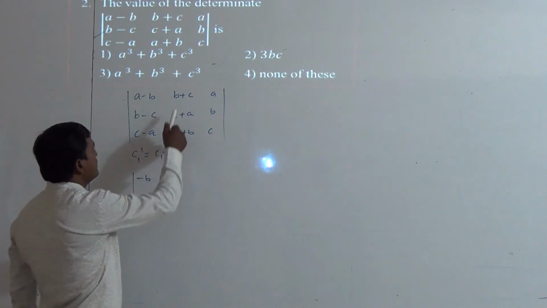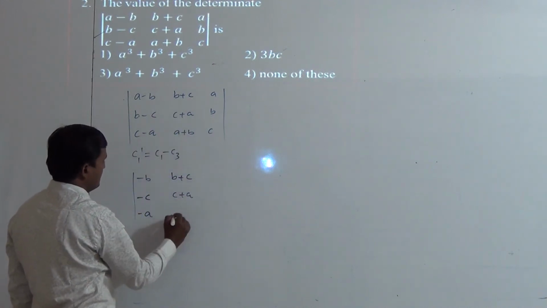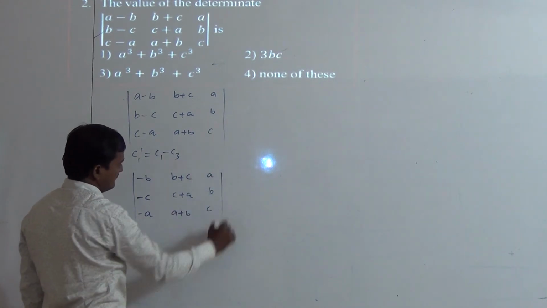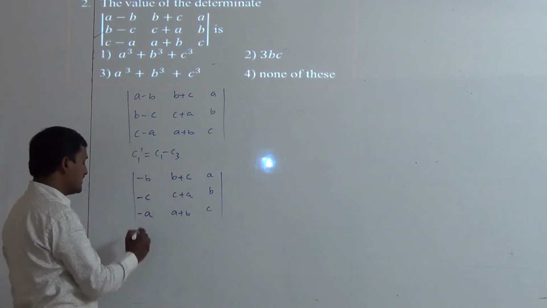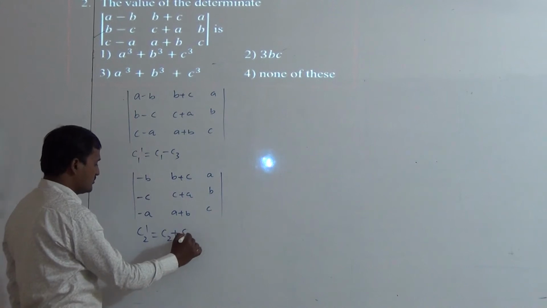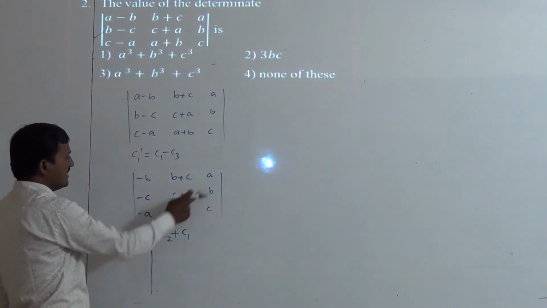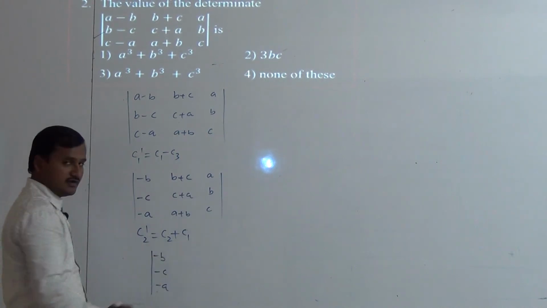Next, here it is b plus c, c plus a, and here it is a plus b, as it is a, b, c, right? So after applying this I got this one. Next I will apply the second operation, C2 dash equal to C2 plus C1. So I should write C1 and C3 as it is: minus b, minus c, minus a.